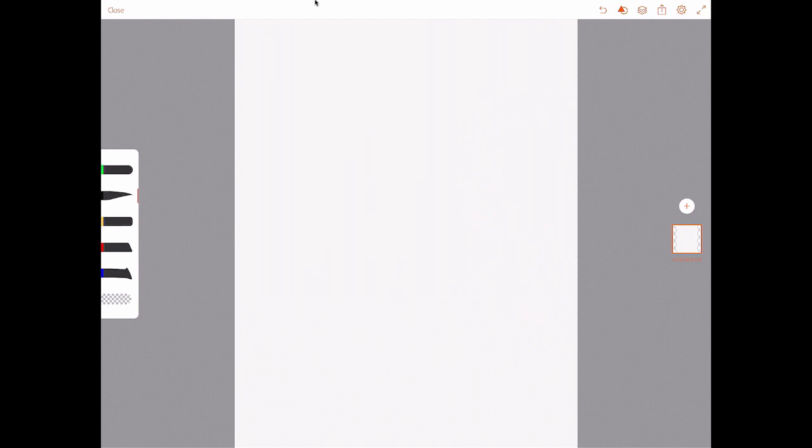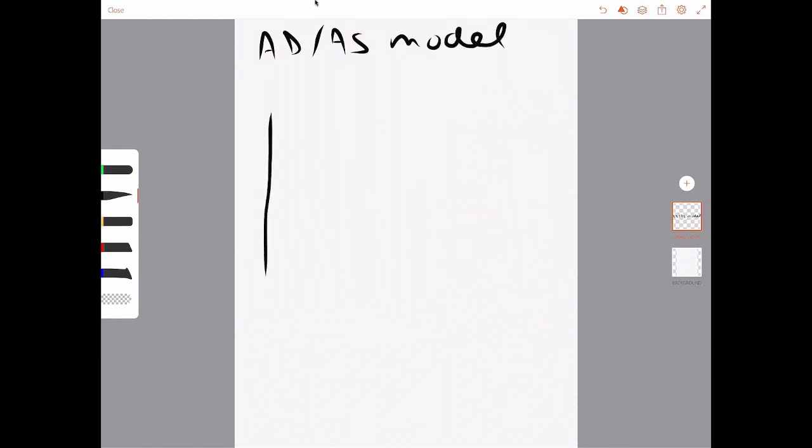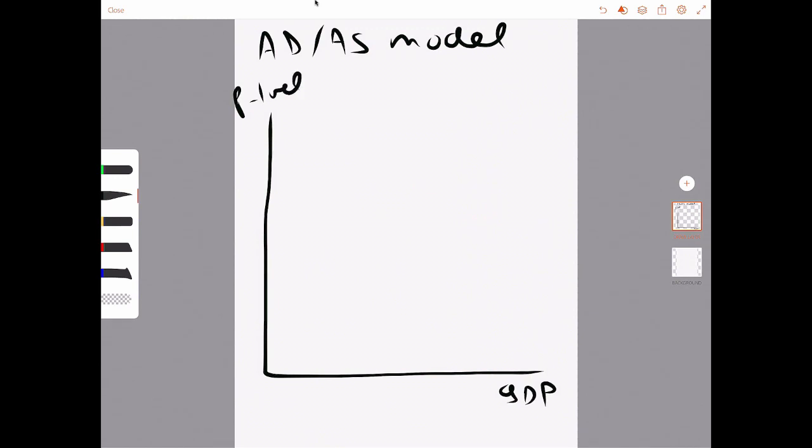Okay, so we're going to put our aggregate demand and aggregate supply model together. All the pieces that we have are our aggregate demand and our aggregate supplies, both of them. So again, we have GDP down here, we have the price level up here. Let's put in place just the basic components first. So here's the short-run aggregate supply curve.